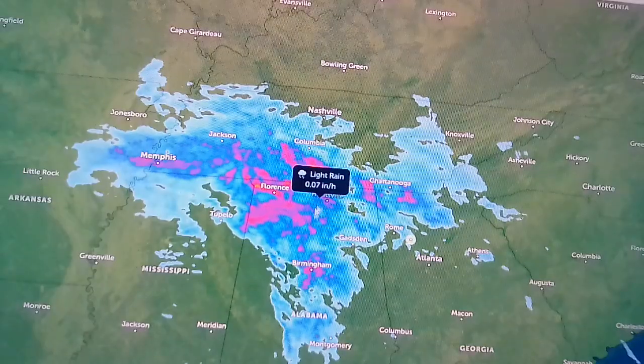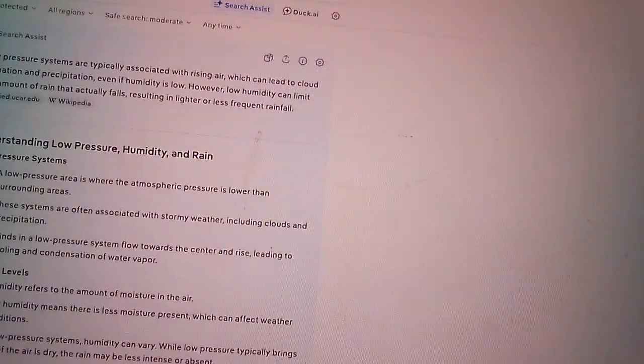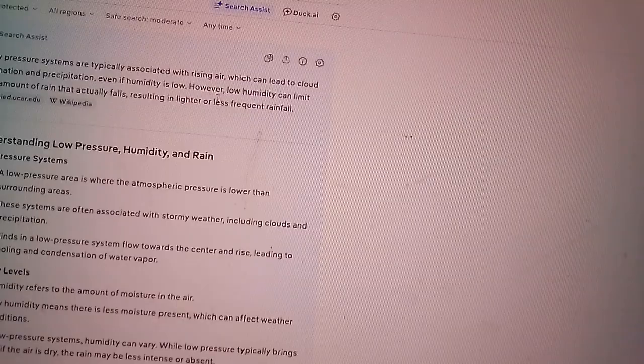I'm getting to a point. Okay, so I looked this one up. Now, low pressure systems are typically associated with rising air, which can lead to cloud formation and precipitation even if humidity is low.